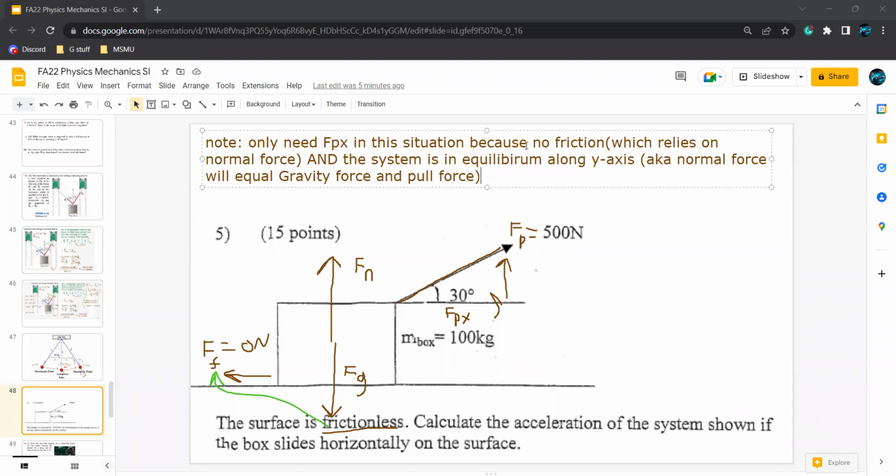So that means that sigma Fy is equal to 0. So then that means that there's no acceleration in the y direction.